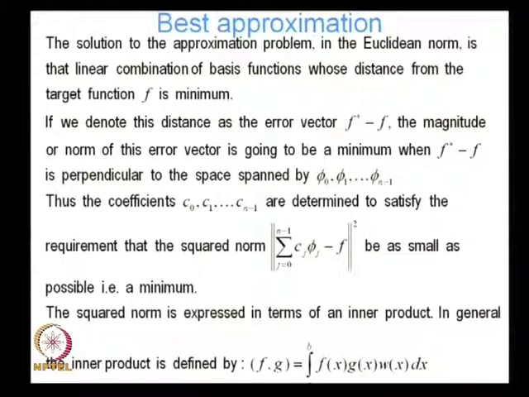If we denote this distance as the error vector f star minus f, the magnitude or norm of this vector is going to be a minimum when f star minus f is perpendicular to the space spanned by phi 0, phi 1, up to phi n minus 1. Think of very simple geometry.